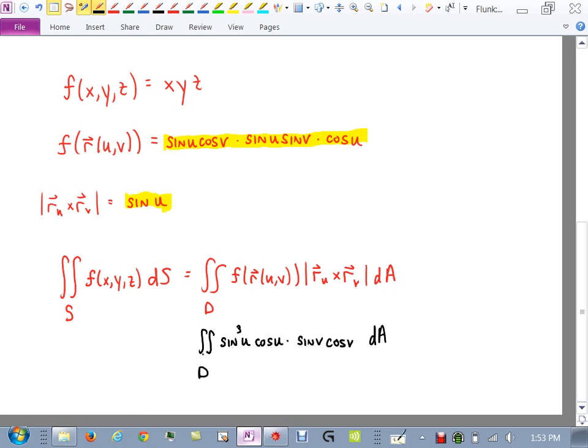Do we have the region under control? Yes? It was 0 to 2 pi, 0 to pi over 4. So in an effort to keep this all on the same page, I'm just going to bring this up here.